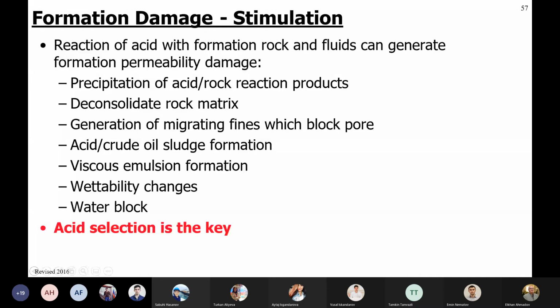So these water droplets will block the pore spaces in the near wellbore zone. Therefore, in the stimulation, especially acid stimulation, it's very important to select a proper chemical composition for the acids.